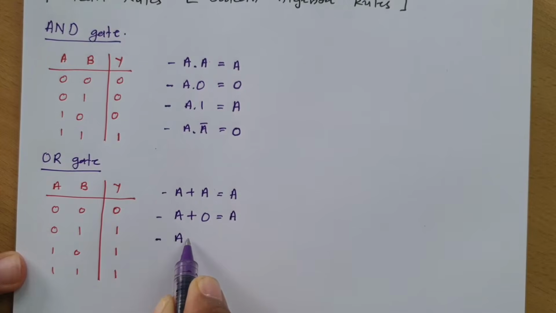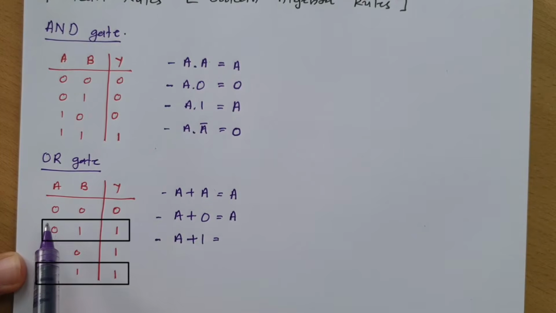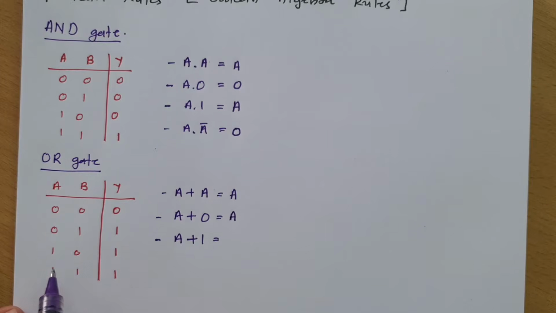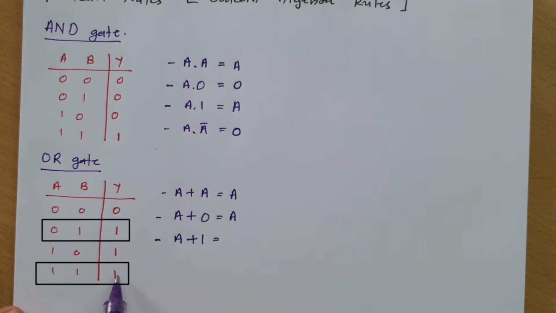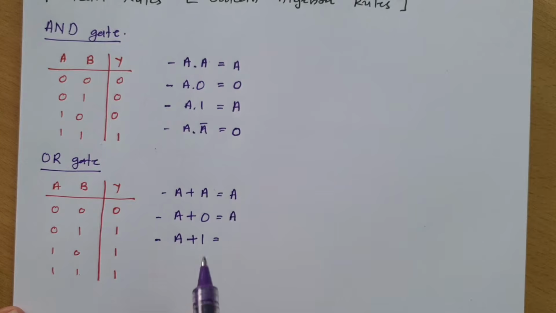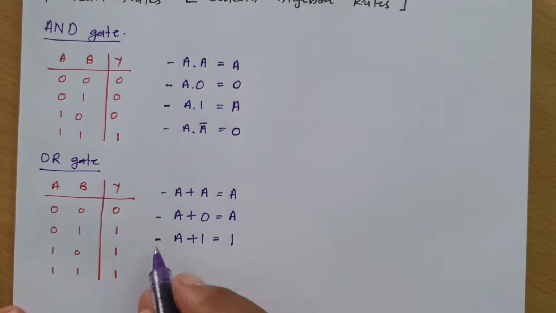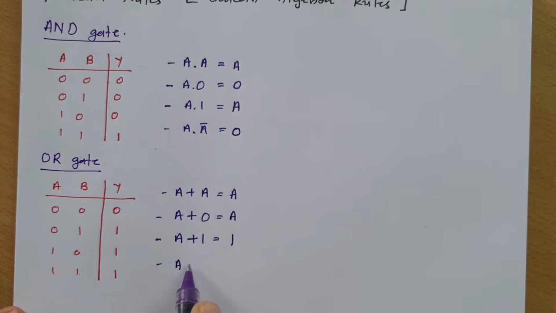Now A plus 1. When you do A plus 1, if A is 0, 0 plus 1 is 1, and if A is 1, 1 plus 1 is 1. In both situations the output is 1, meaning A plus 1 is 1. Next is A plus A bar.